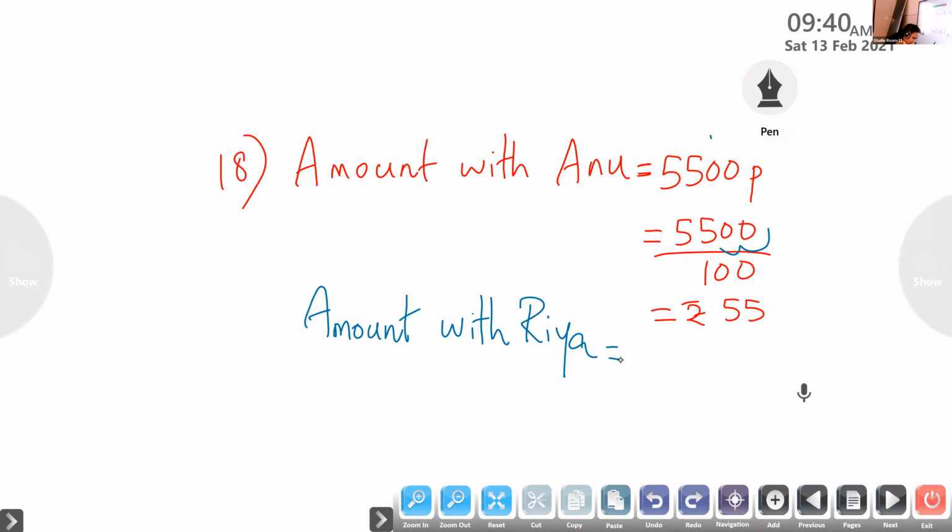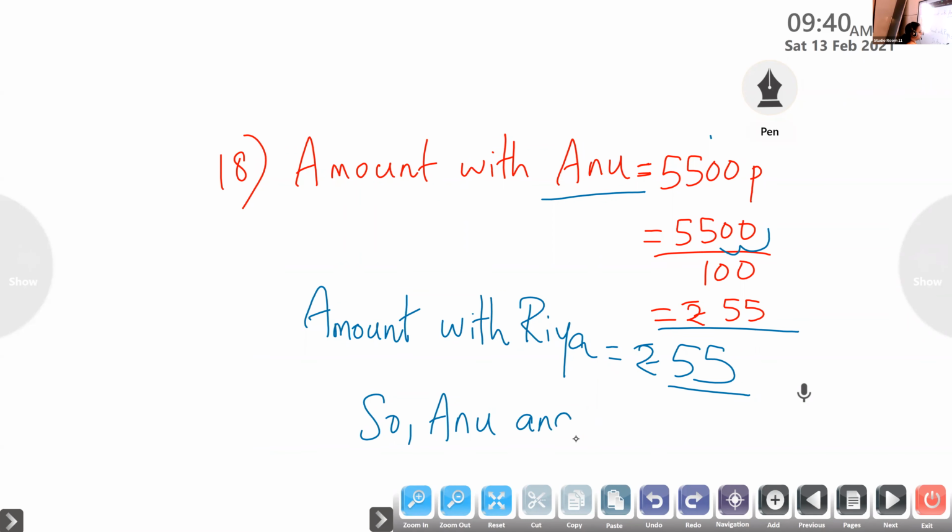It is rupees 55. So amount with Anu also 55. Amount with Ria also 55. So that means both have the same amount. Anu and Ria have the same amount.